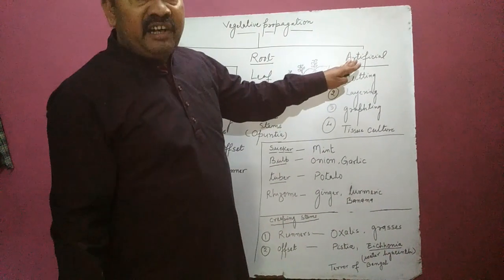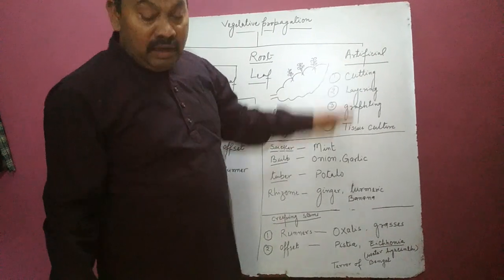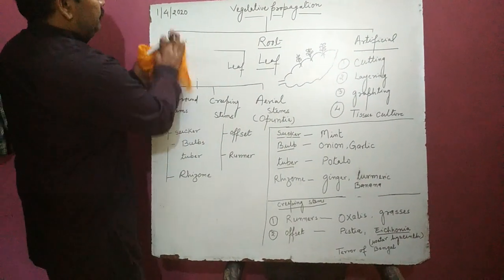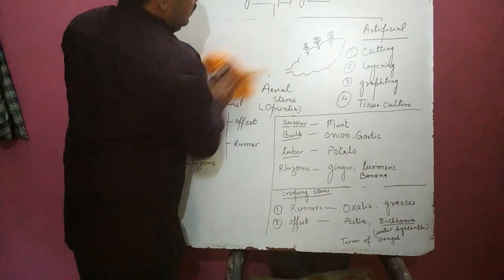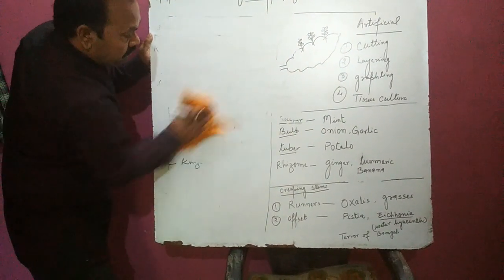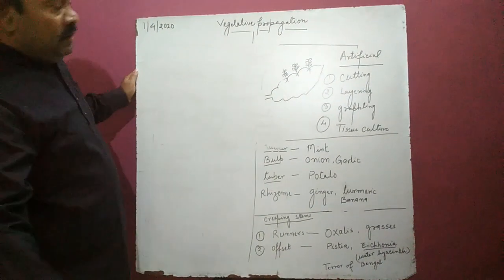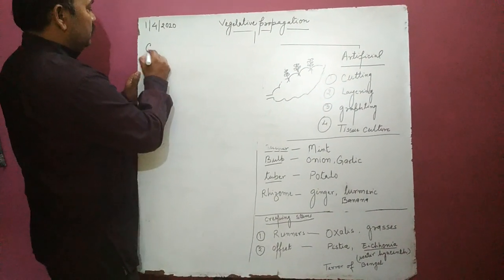Next is the artificial method. So I will discuss the artificial method. First is cutting.